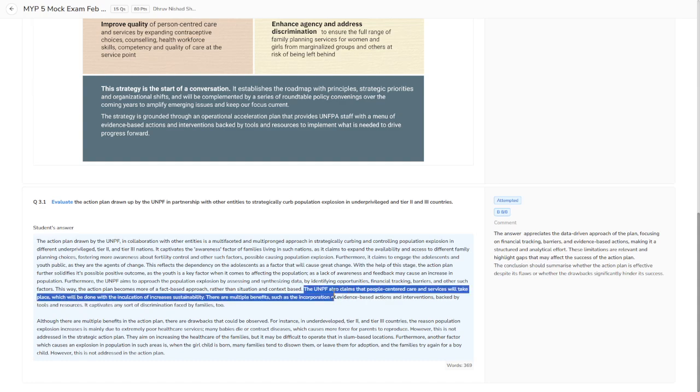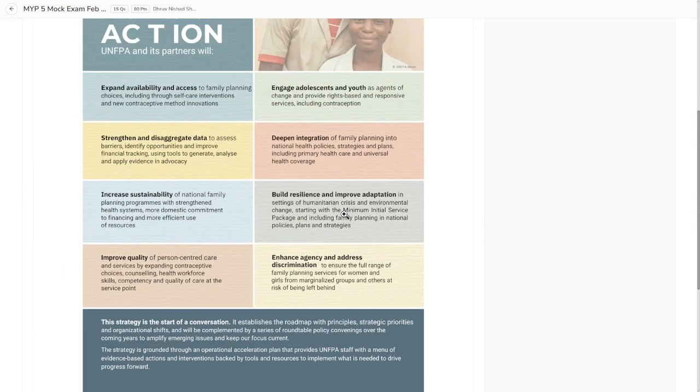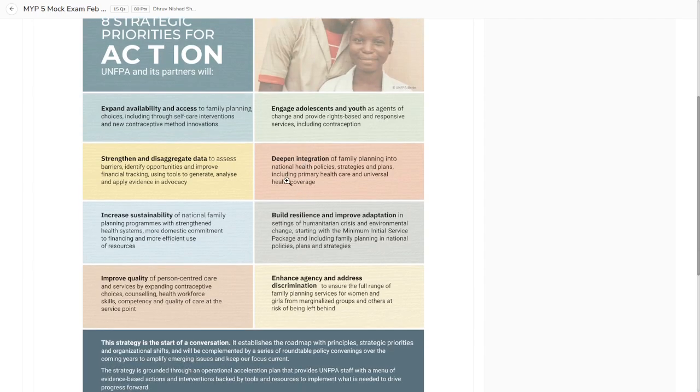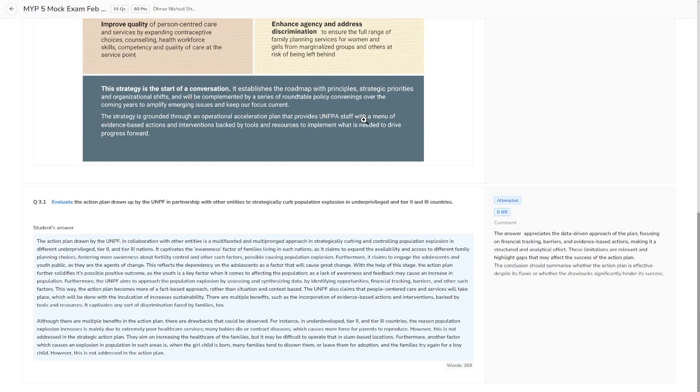Furthermore, the UNFPA also claims that people-centered care and services will take place, which will be done with the inculcation of increased sustainability. There are multiple benefits, such as the incorporation of evidence-based actions and interventions backed by tools and resources. It captivates any sorts of discrimination faced by families too. So this concluded my culmination of all the strategic priorities, and I even mentioned one point of this.